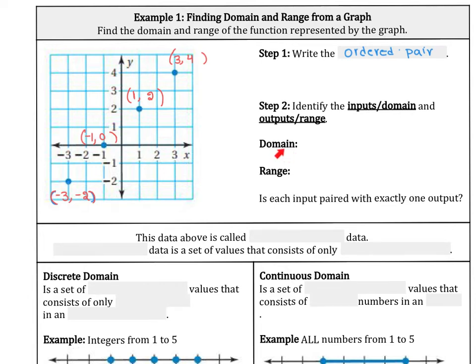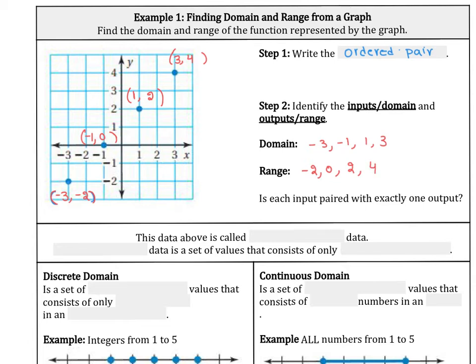And if we see the x values from here, the domain values or the x values are -3, -1, 1, and 3. And the range values, since the range values are the y values, the y values are -2, 0, 2, and 4.